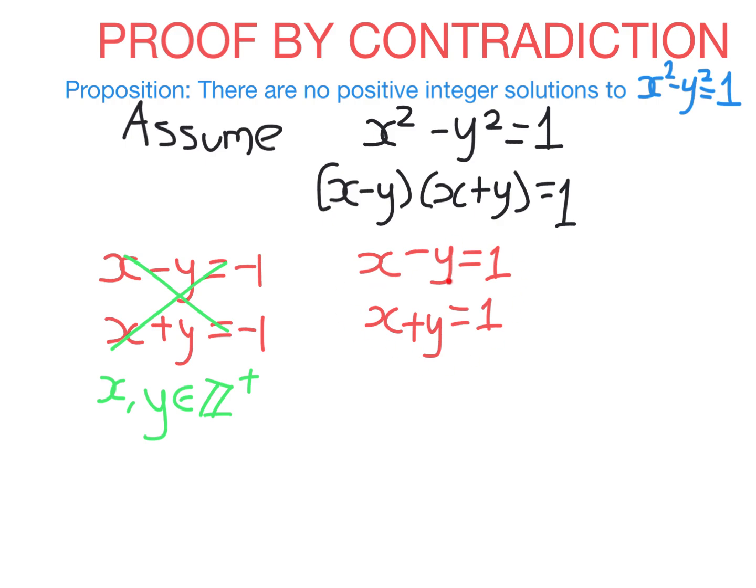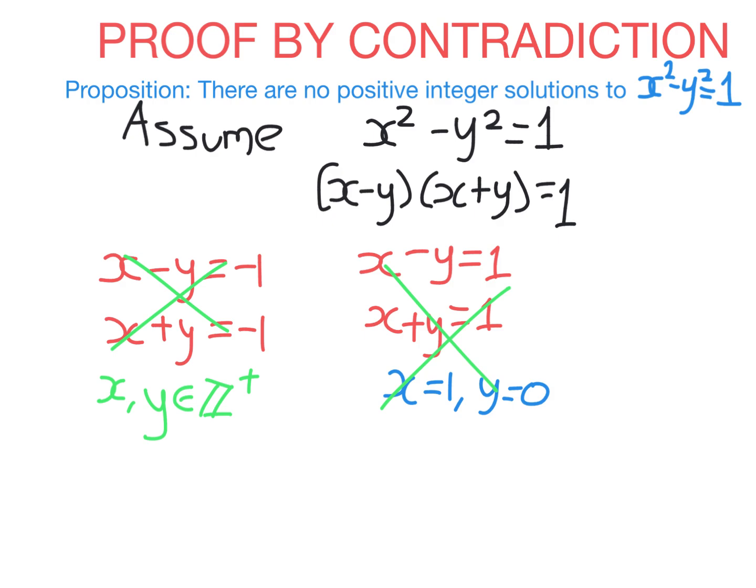If x minus y equals 1 and x plus y equals 1, the only solution to that is x equals 1, y equals 0. You can get that from adding together the two equations and solving them like we used to. We said x and y need to be positive integers. 0 is not a positive integer. So this case gives us something absurd as well.